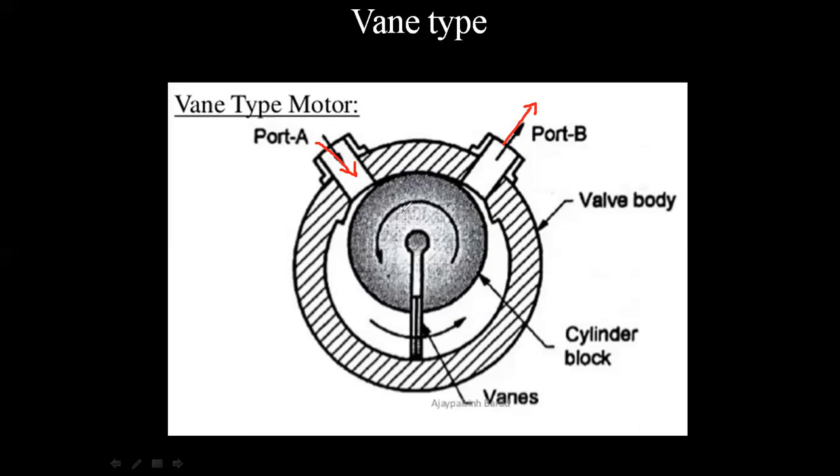The fluid enters and pushes the vane first, then the cylinder block, and the cylinder block rotates with higher RPM, which produces mechanical energy, and that energy is converted into useful work. Was it clear? You can see the next image.